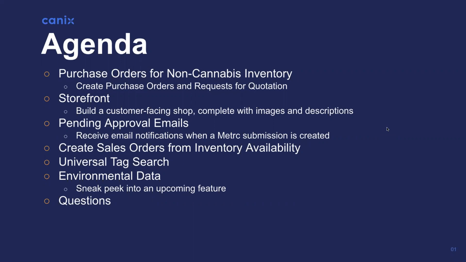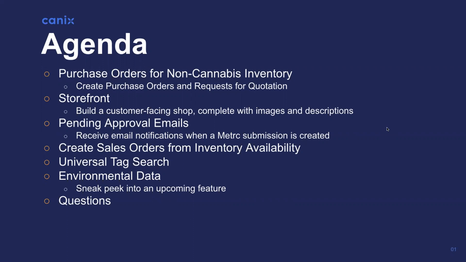Up to this point, that's only been confined to Canix itself. There's not really any indication. It's kind of up to the admin or the manager to go into pending approvals in Canix and see what needs to be approved, confirm that, and push it through, or deny it if the information is incorrect.